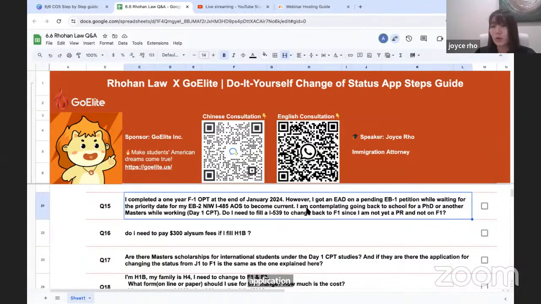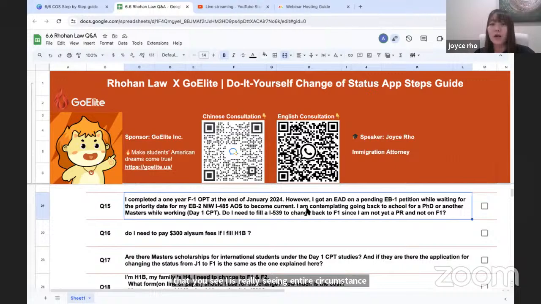But we always recommend that you maintain your non-immigrant status separately, and to do so, filing a change of status is possible. Of course, F1 is not allowing dual intent. It's an intent for studying, really not for becoming a permanent resident. So it's quite conflicting with your intent to become a permanent resident by filing I-485. But I believe that USCIS is really seeing the entire circumstance of your case.